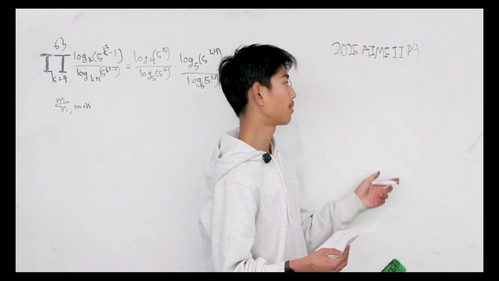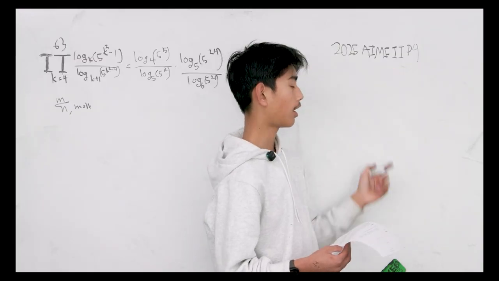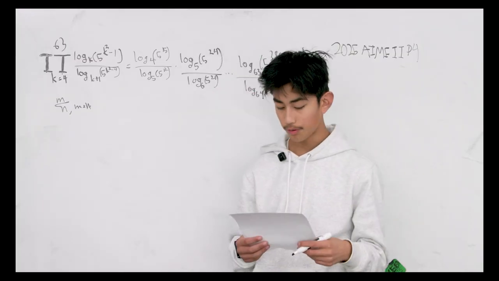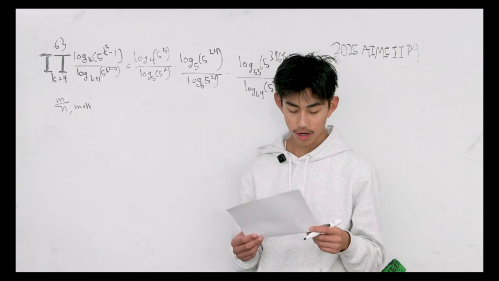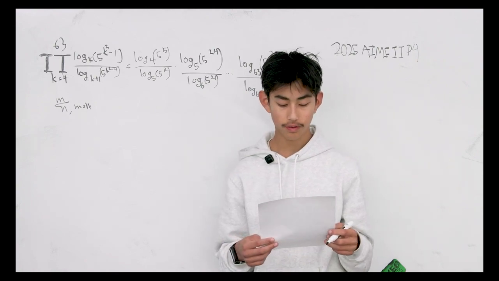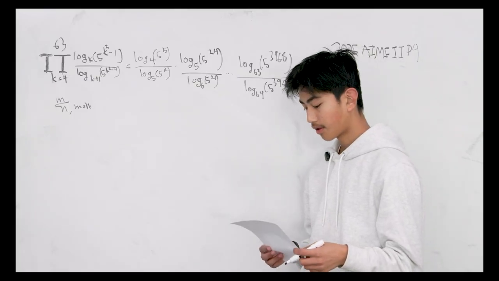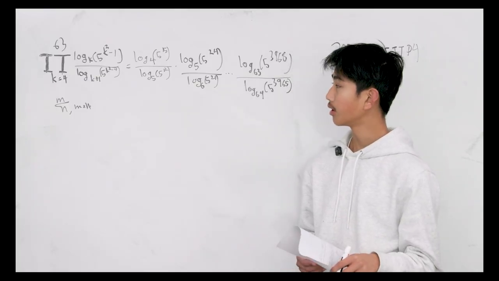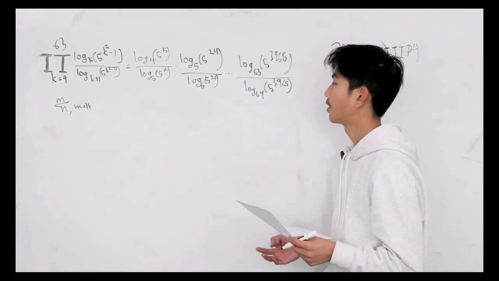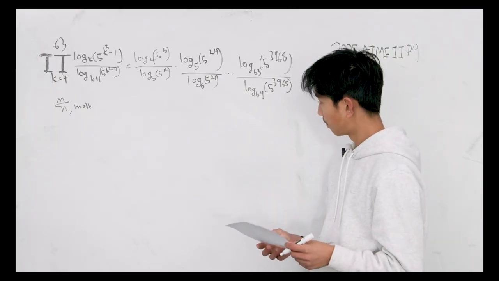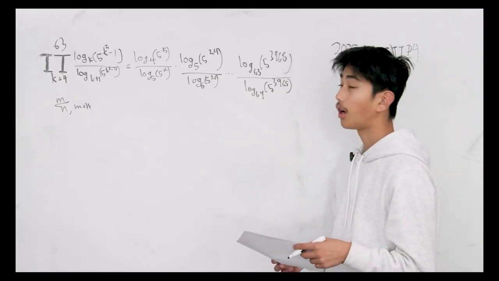We're solving problem 4 from the 2025 AMC 2. This product is equal to m over n, where m and n are relatively prime positive integers. Find m plus n. So basically, what we have here is a pretty big product with logarithms.